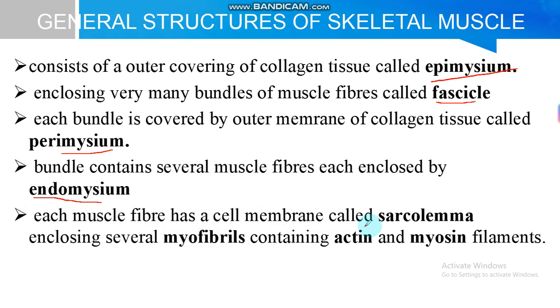And inside the endomysium, there is another layer, the cell membrane called the sarcolemma. Then inside the muscle fiber, there are myofibrils. Myofibrils are composed of actin and myosin filaments. That's the general structure of a skeletal muscle.